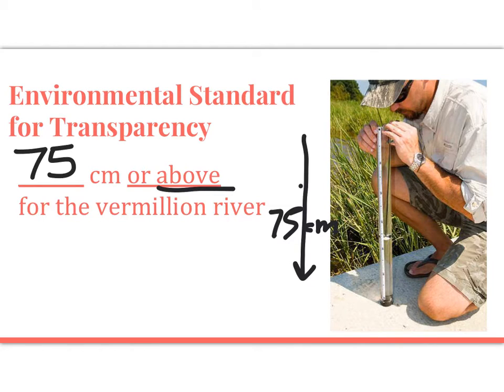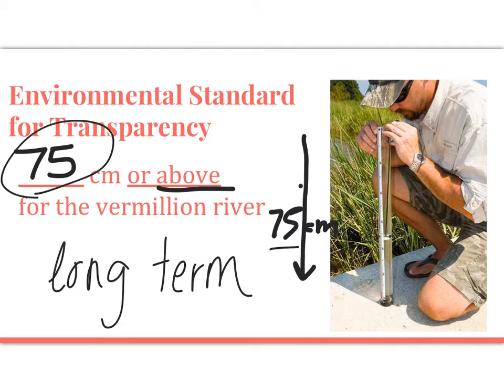If we do get a big storm, chances are that transparency will drop below 75 centimeters at one point in time, but that doesn't mean everything in the river is automatically impacted or dying instantly. We want to keep this on track for the long term. So I want to make sure it stays above that 75 long term. There may be a day or a week because of a storm where it drops, but overall I want it to stay above that 75 centimeters.